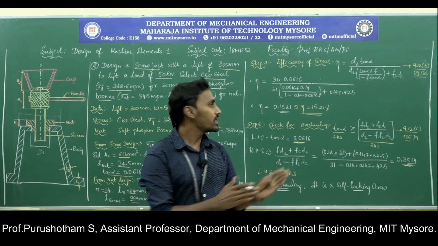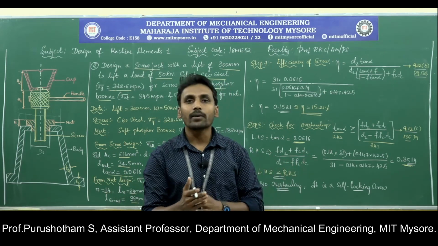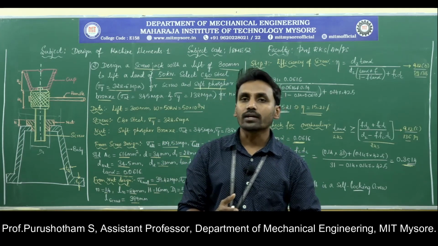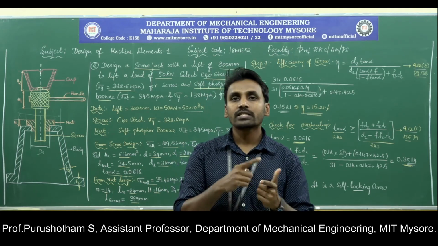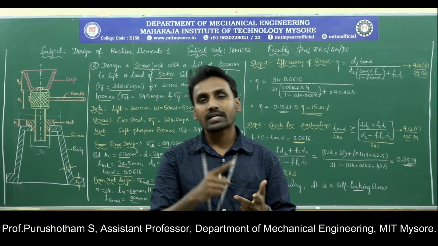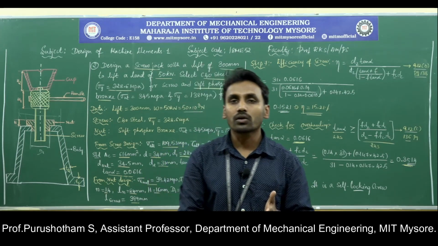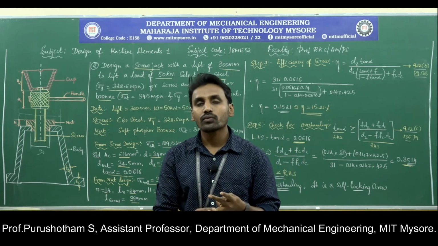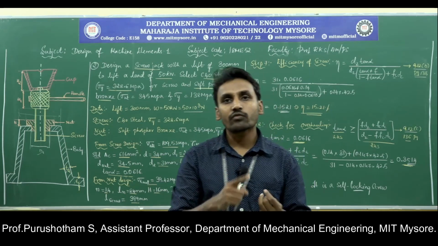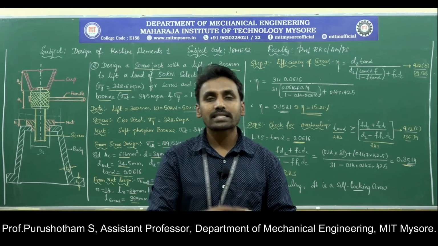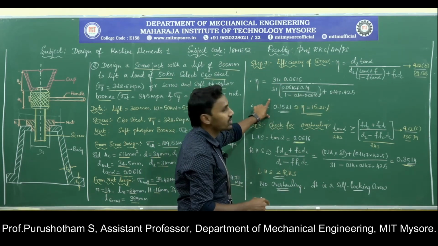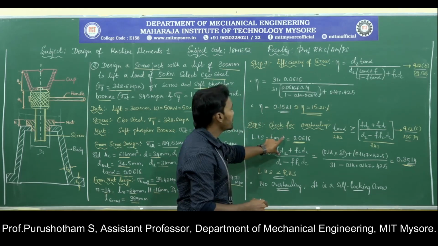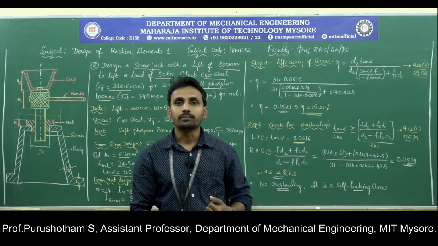So now this finishes the problem, the complete design of the screw jack. Starting from step 1, design of screw rod, step 2, design of nut, step 3, design of screw head or collar, step 4, design of tommy bar or handle, step 5, design of cup, step 6, design of body, step 7, calculating the efficiency, step 8, checking for overhauling condition.